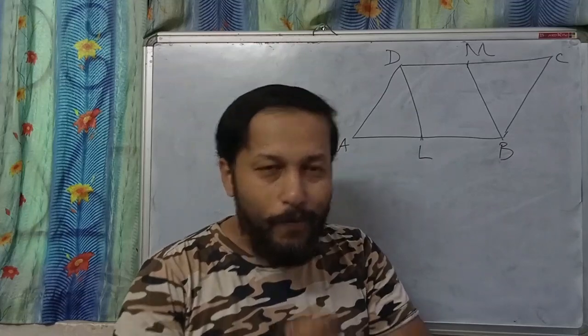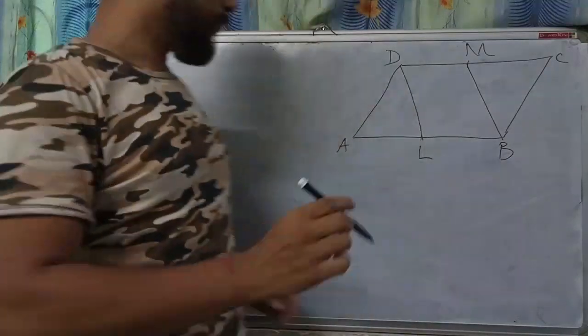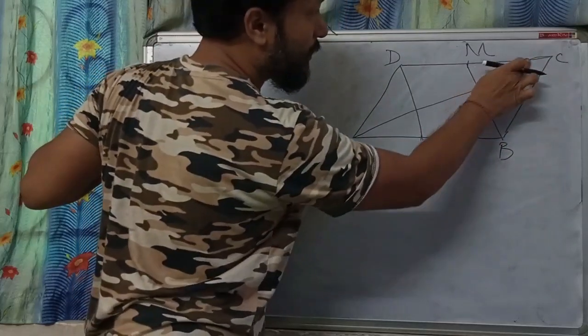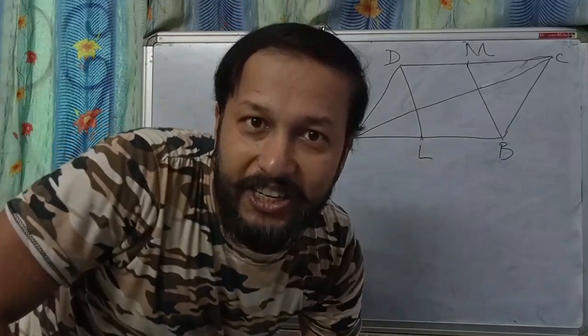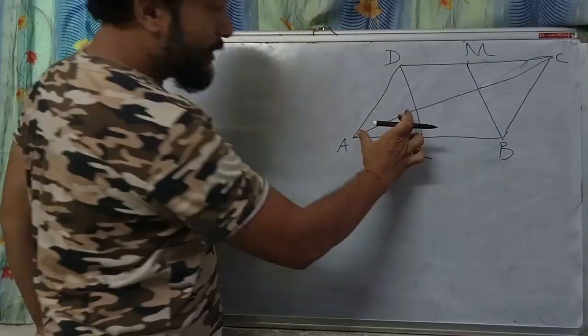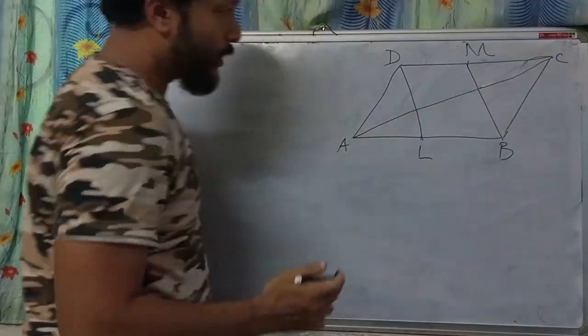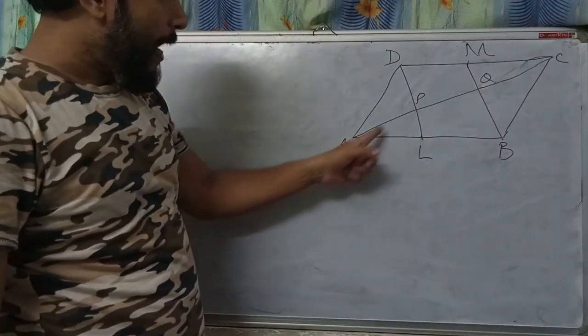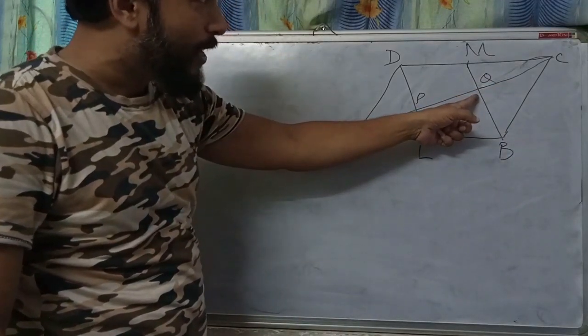And what do I have to show? We have to show that the line joined AC is trisected. Trisected means 3 equal parts. If this is P and this is Q, then AP equals PQ equals QC.